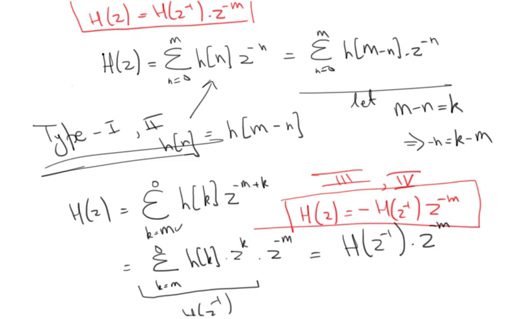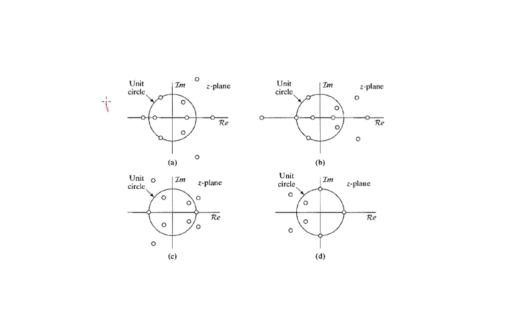Let us understand it with the help of a diagram. Here this is type 1, this is type 2, this is type 3, this is type 4. Here you can see this pole and this pole, and these two poles, they are not on unit circle. Their zeros are in conjugate reciprocal form.